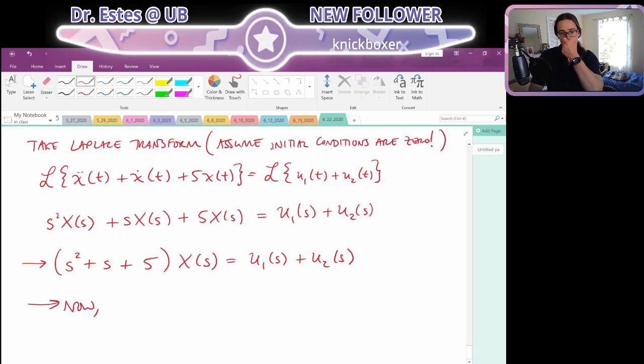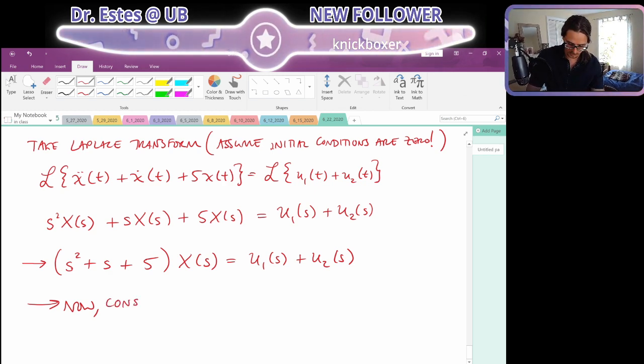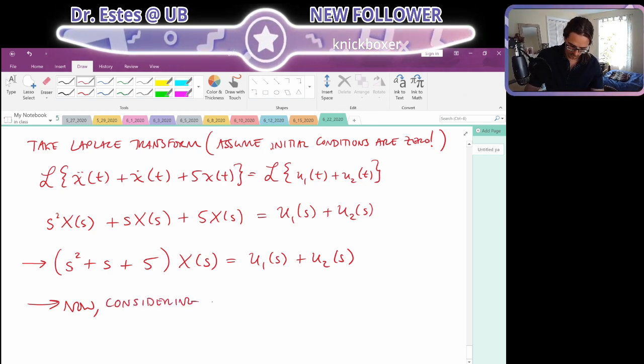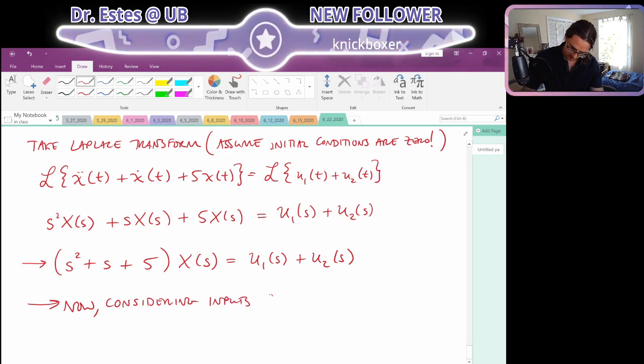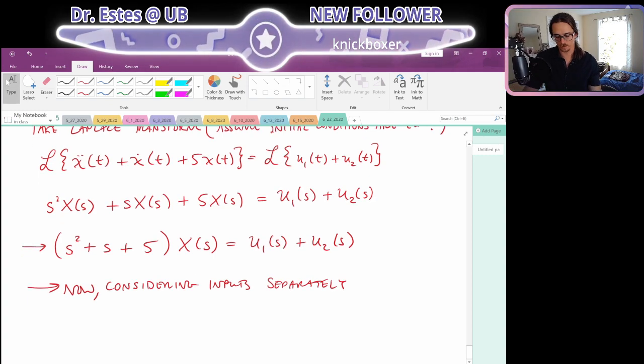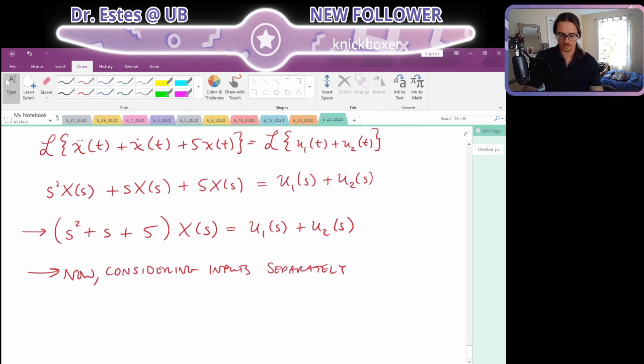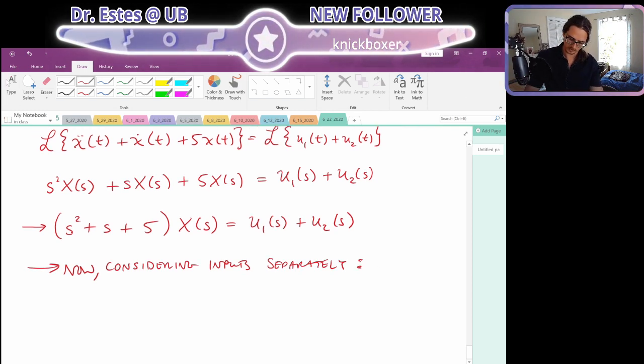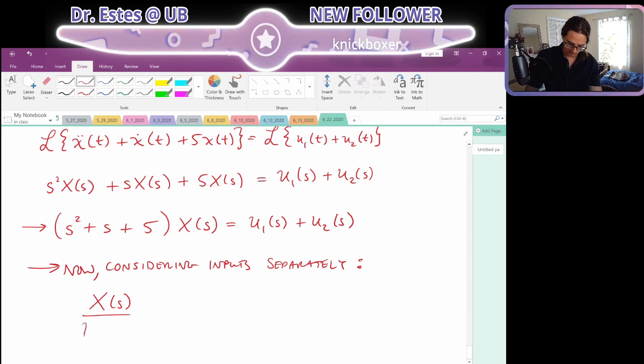Now, we're going to consider these inputs separately. Just like I mentioned in the comment up above, if I'm considering the input u1, I'll consider the effect of u2 to be 0. So I'll have x1 of s over u1 of s.